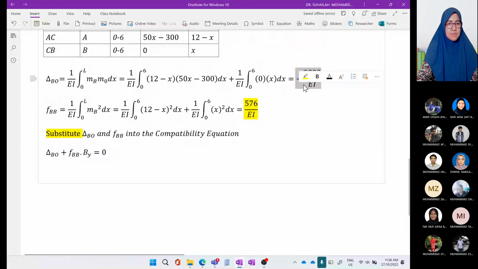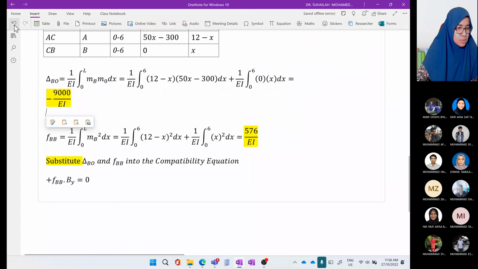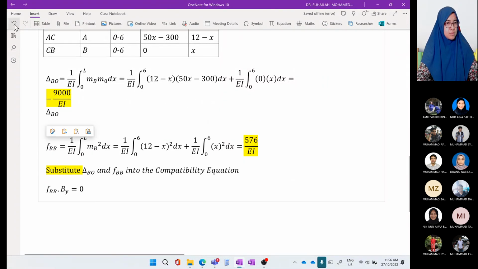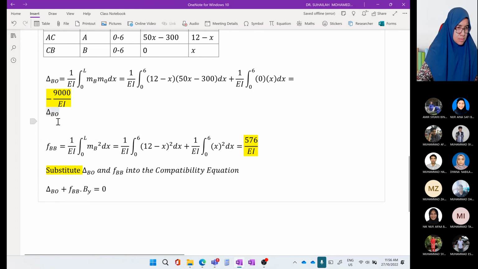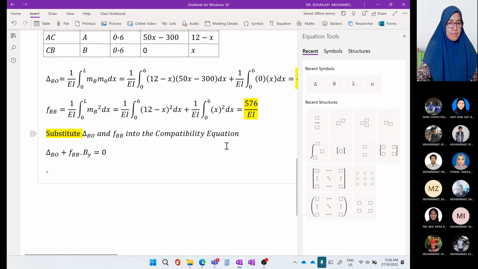This one is 9,000 divided by EI, and it is negative, plus 576 divided by EI.